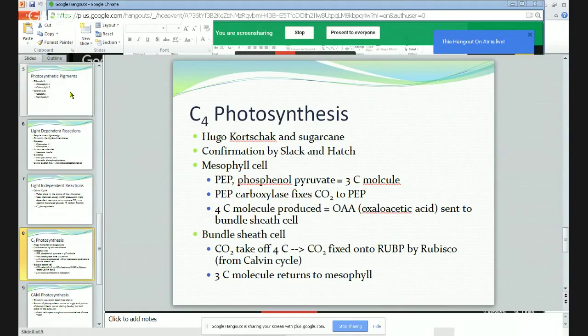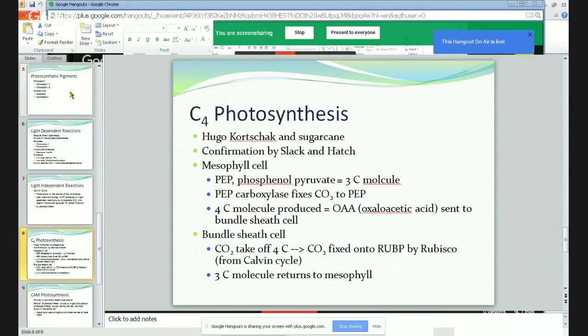So, alrighty, I'm going to draw your attention to the pictures first here. With your C4 plants, you're first starting out in the mesophyll chloroplasts, again, still in the stroma. And again, we're going to start on the left. We've got a 3-carbon molecule here that we're going to call the PEP molecule.